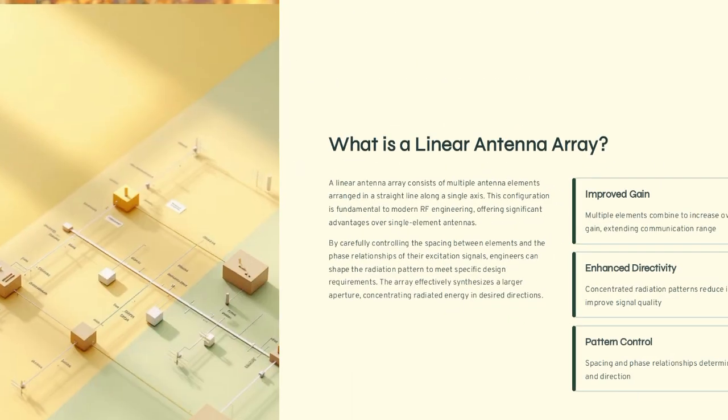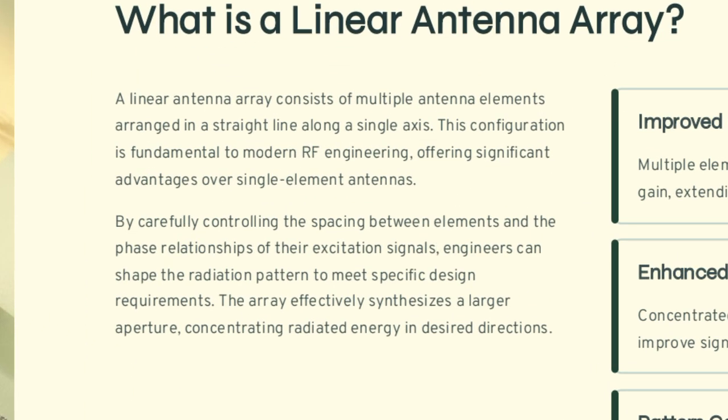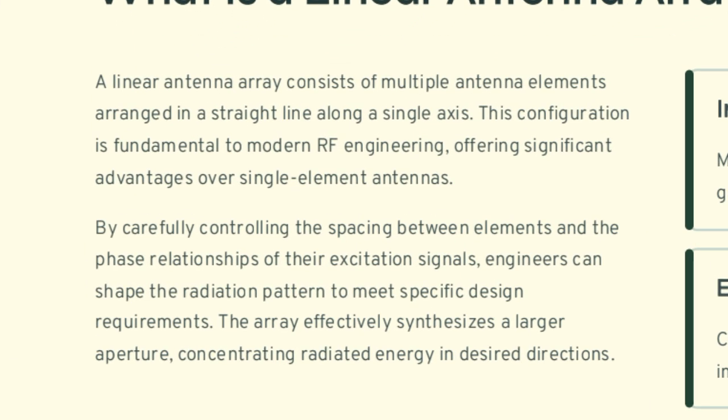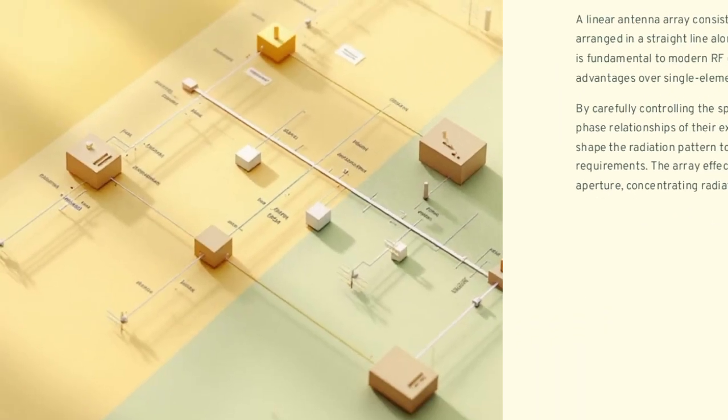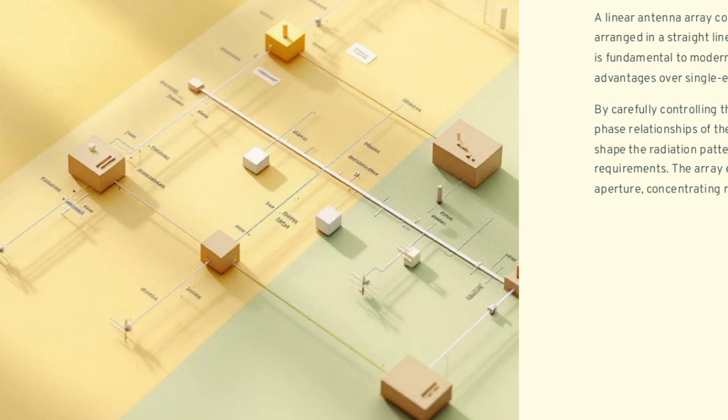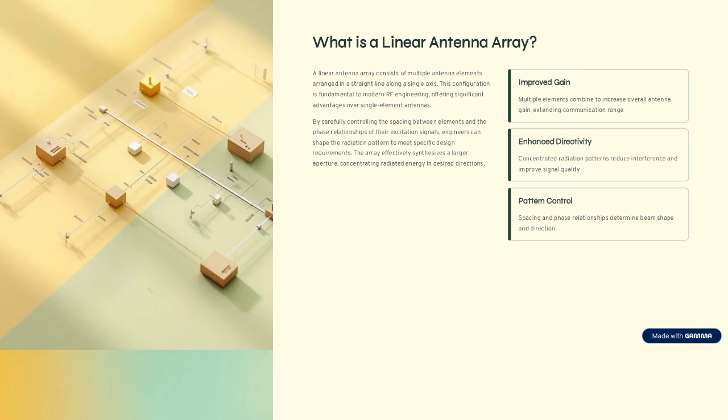Always remember that a linear antenna array has multiple antenna elements arranged in a straight line along a single axis, as you can see in the picture.